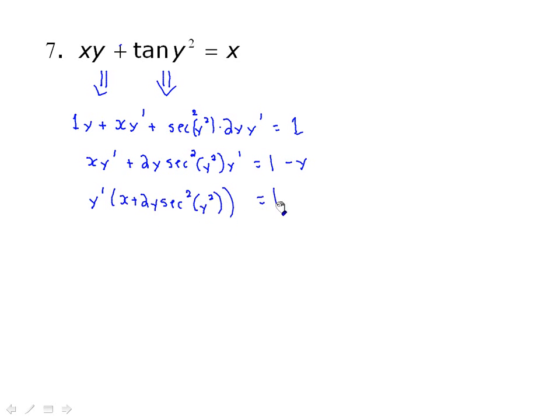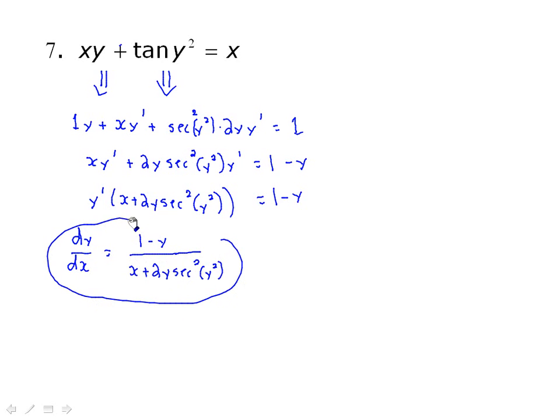And that's equal to 1 minus y. And then to finish it off, dy dx will be equal to 1 minus y divided by x plus 2y secant squared y squared. That bracket is not necessary around the argument, but I put it there anyways.